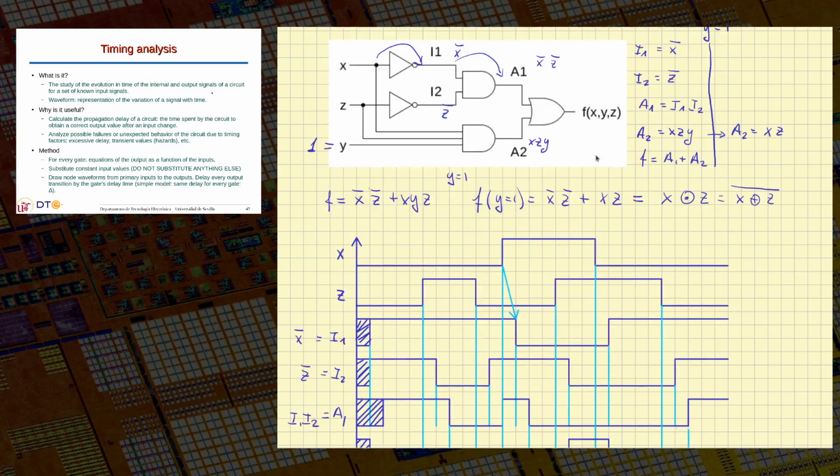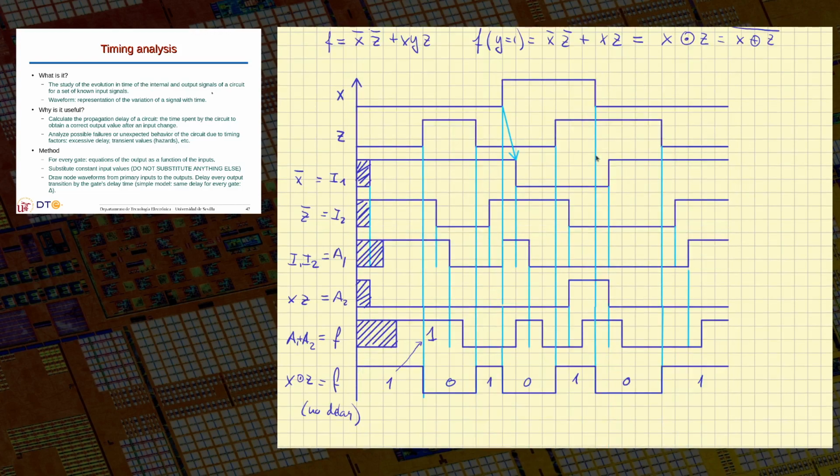So it's expected that it takes up to 3 delta. This is the whole delay from z to the output, okay? This 0 here in the real circuit happened, but with a delay.